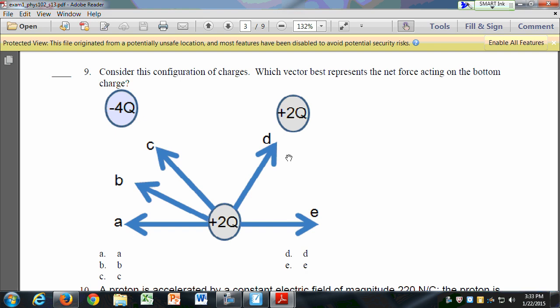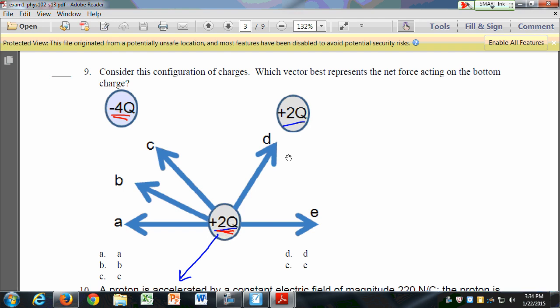Or an angle from positive. Like down and to the left? Yes. Yeah, so these two charges are repulsive, so I have a force down in that direction. These two charges are opposite, so they attract to one another. How does the force due to these two charges compare to the other force vector?